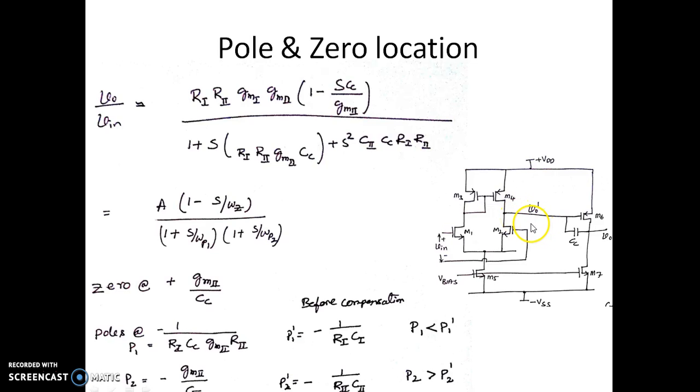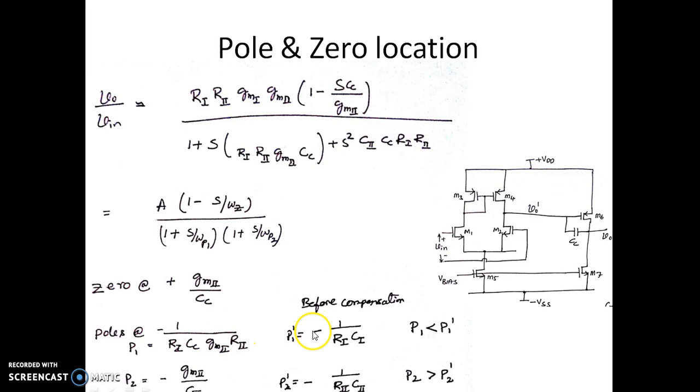So when it is C1 plus Gm2 R2 into Cc, now that Gm2 R2 into Cc will be far greater than C1. So that's why this R1 into C1 will be replaced, now this C1 is replaced by Cc into Gm2 R2.